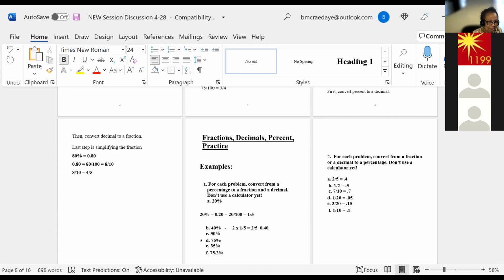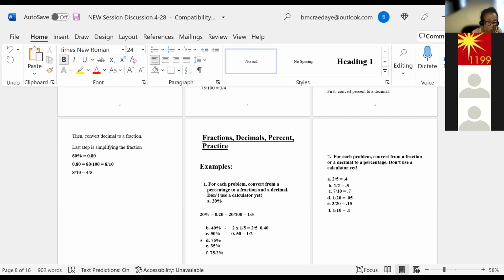Okay. 50%. What is 50% as a decimal, Maureen? 0.50. Okay. What would it be as a fraction? That's mental math. 50% is what part of a dollar? Half. 1/2.